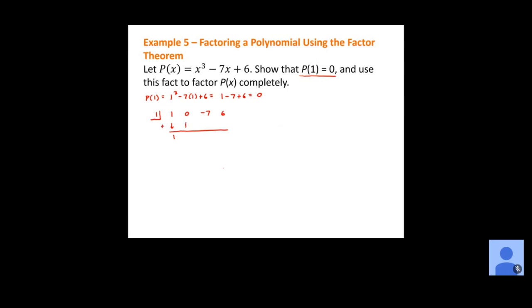And then we add. 0 plus 1 is what? 1. Multiply again. 1 times 1. That's also going to be 1. Negative 7 plus 1 should give us what? Negative 6. And negative 6 times 1 is negative 6. And now if we add those together, what do we get?